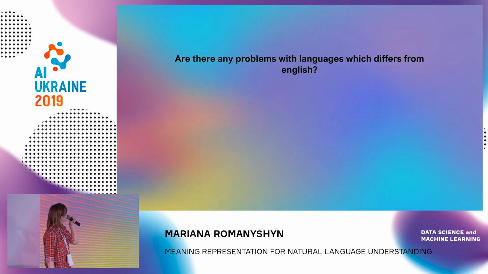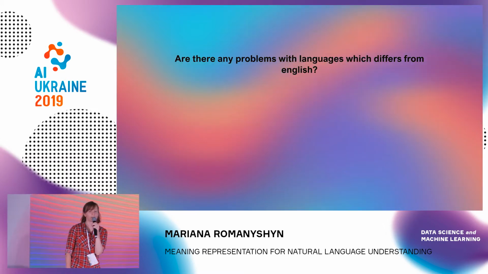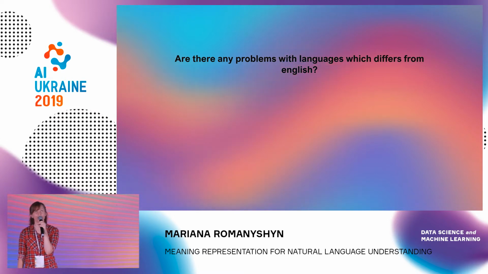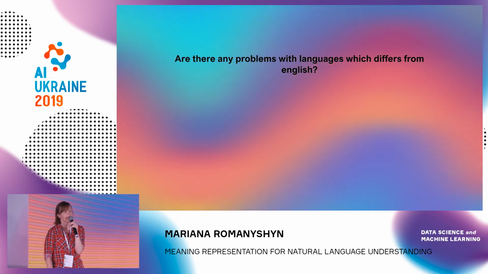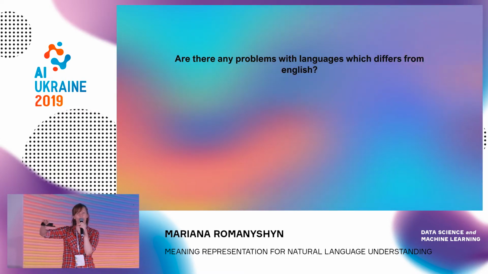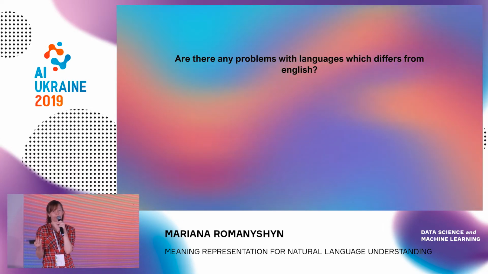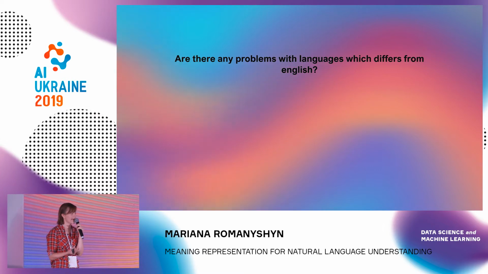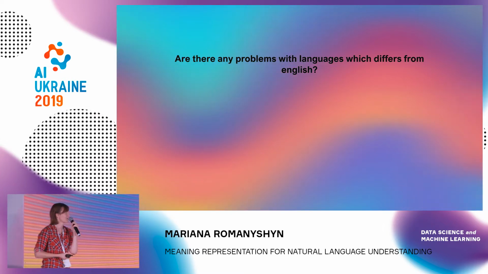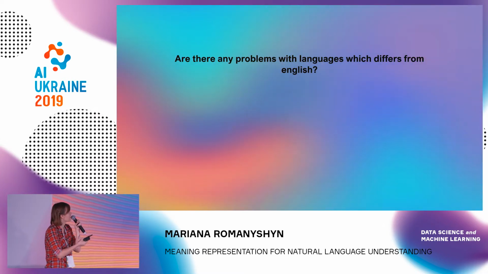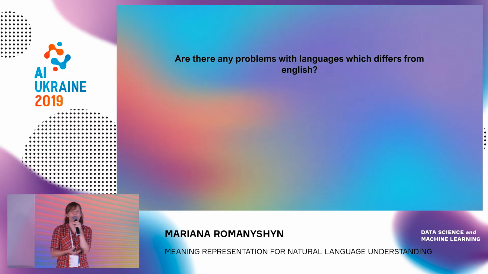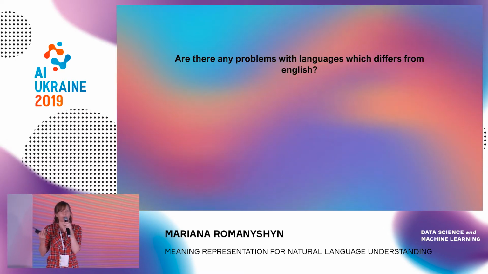Are there any problems with languages which differ from English? Not yet. AMR is currently available only for 5 languages, and if you Google "AMR eager," you can find a demo of AMR for 4 languages. I think it's English, German, Italian, Chinese, and some other language. For other languages there haven't been any reported differences because they also cooperate with concepts.